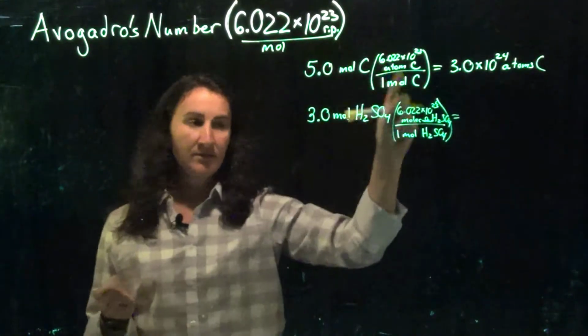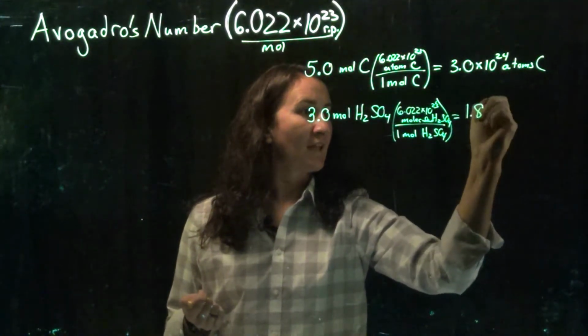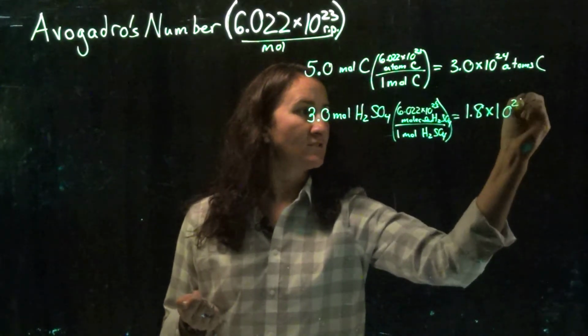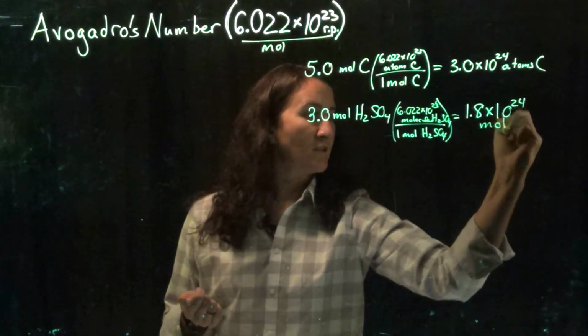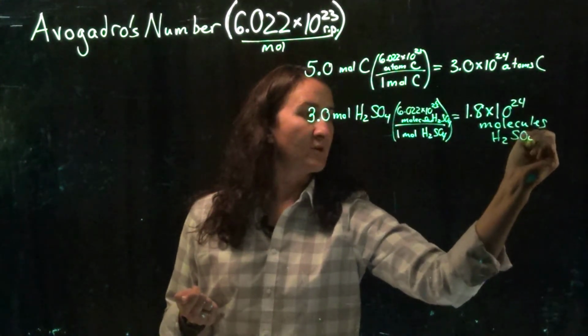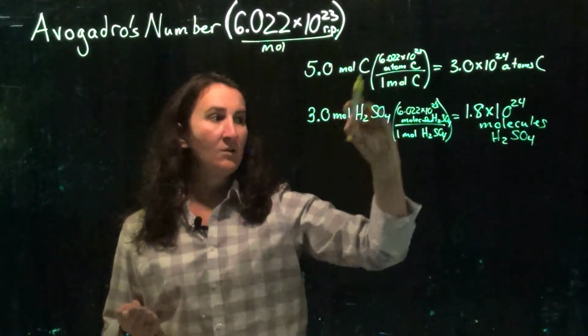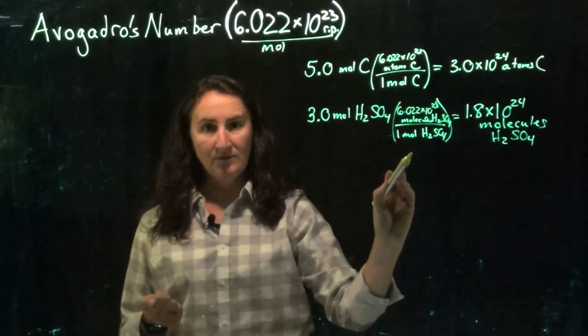Then you do your math. 3 times 6.02 times 10 to the 23rd gives us 1.8 times 10 to the 24th molecules of H2SO4, sulfuric acid. All right? And so in these cases, we've gone from moles to molecules using our conversion factor.